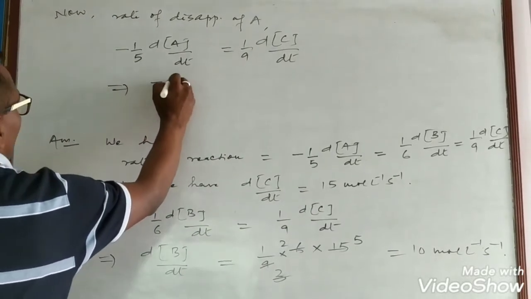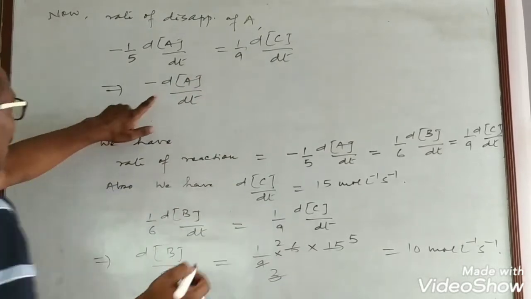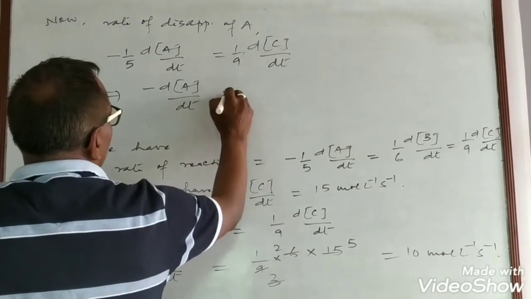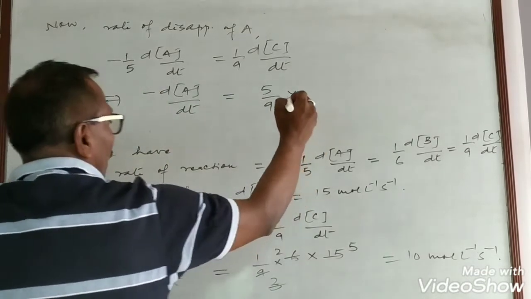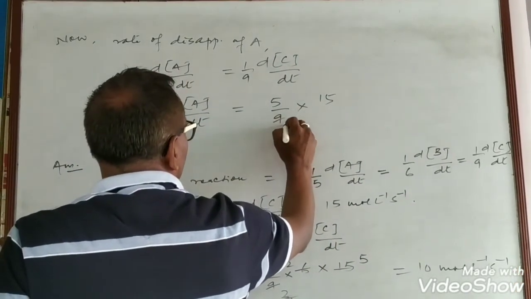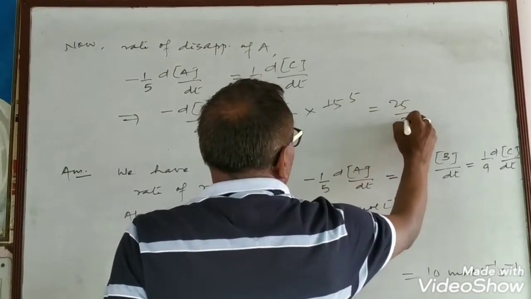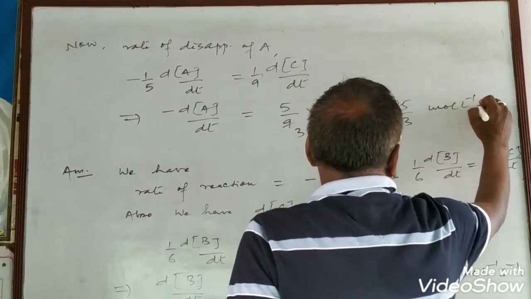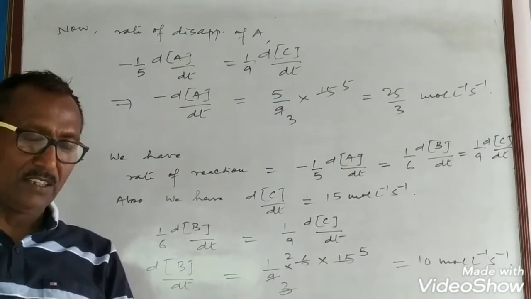Now we have to find out minus d concentration A by dt, because this gives the rate of disappearance. This is equal to 1 by 9 into 15, and this will be 3 3s by 9, 3 5s by 15, 3 25 by 3 mole per liter. So in this way, we can find out the rate of appearance and the rate of disappearance.